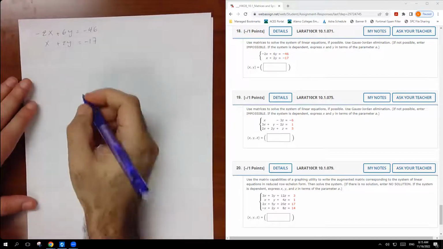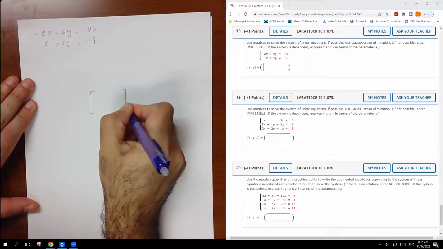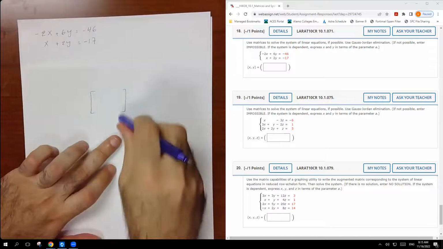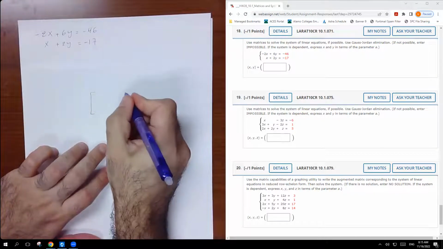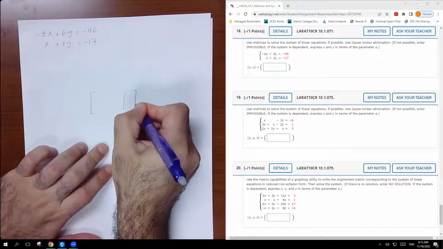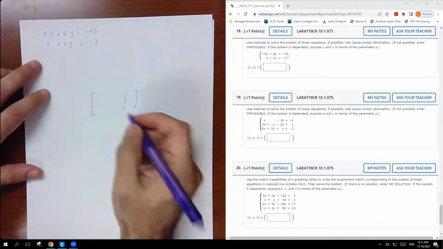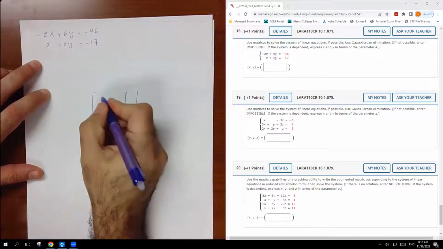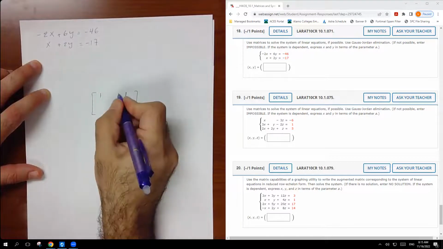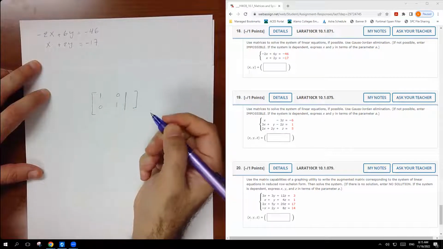So now we have this matrix. Always we're going to convert our matrix to this matrix, where the element here is 1, the element here is 0, the element here is 0, the element here is 1.